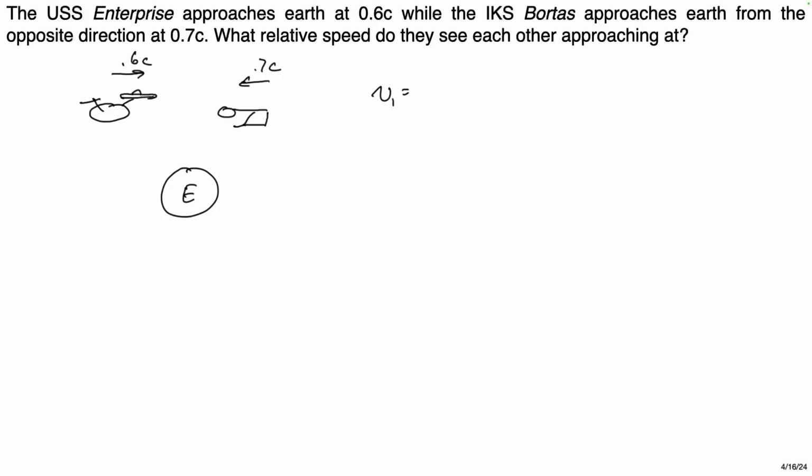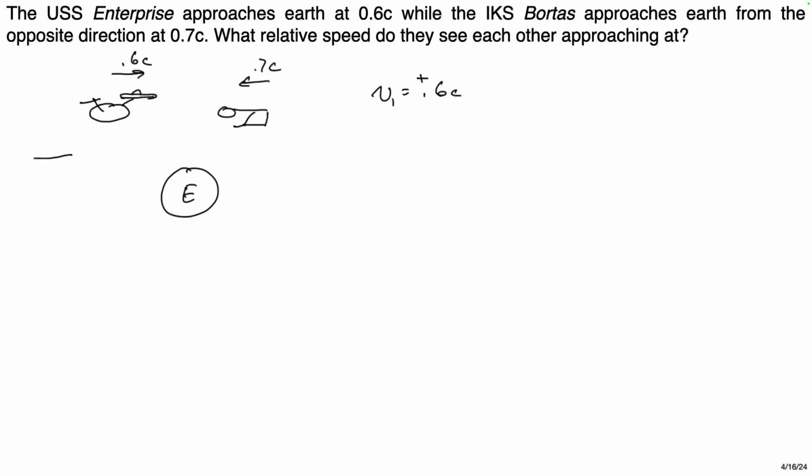It could be either the Enterprise or the Bortas. I'm going to choose Enterprise first. So V1 is 0.6 c, and I'm going to put a plus sign on it, because direction matters. What direction have I just said is positive? To the right.